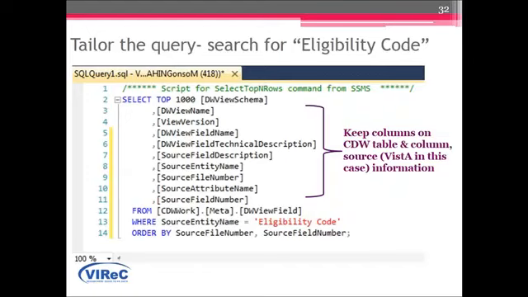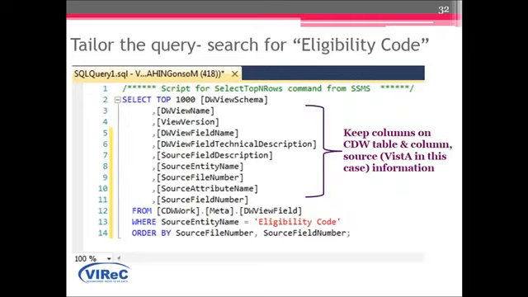I still have the same things I searched for in the previous slides, like the name of the schema at the top, the name of the view version, because we saw with patients sometimes there's multiple versions in the metadata, the name of the fields that might come out because I want to see what they are in CDW, any technical descriptions in case CDW made any kinds of notation about the work that they did, and so on and so forth.